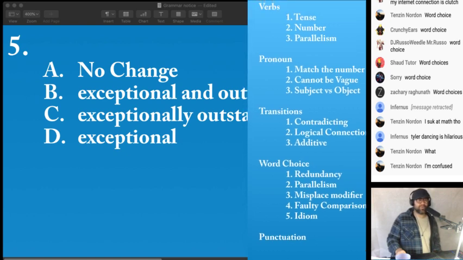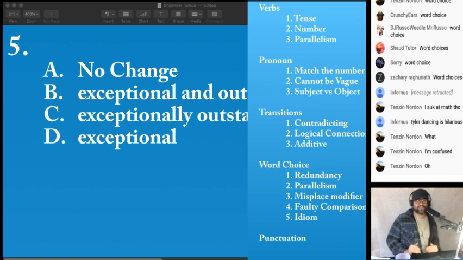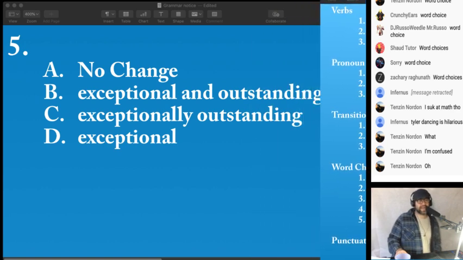Rather than having to look through all of these potential things, verbs, pronouns, transitions, and all of their sub things, we know that since the words are changing and these words aren't verbs, pronouns, or transition words, it's word choice. And word choice can be one of 5 things. This one happens to be redundancy. So D would be the right answer for this one.